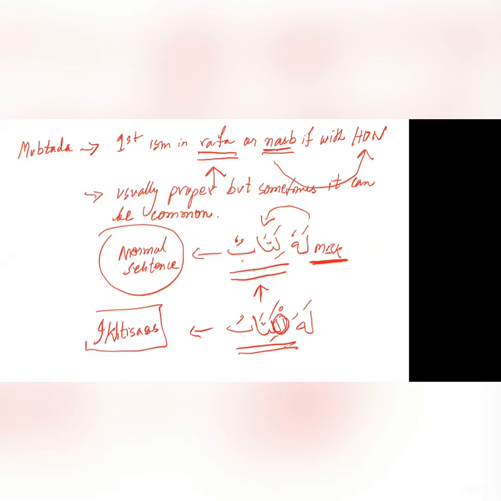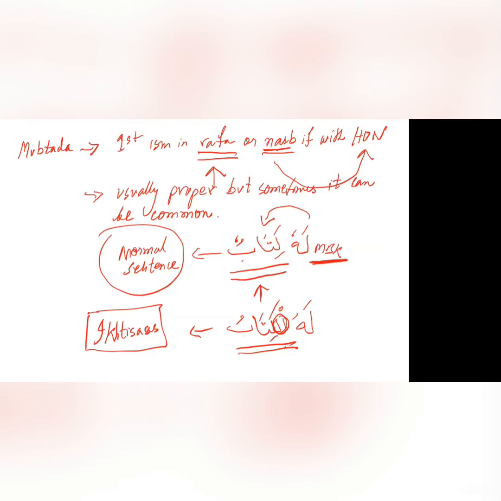Okay. So you've understood clearly. It comes only if the mubtada is after the MBK and if it is proper. Yes, exactly. Okay, understood. If it's common, then it's normal.